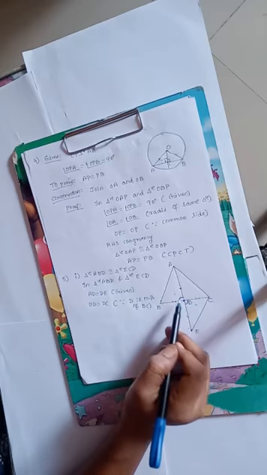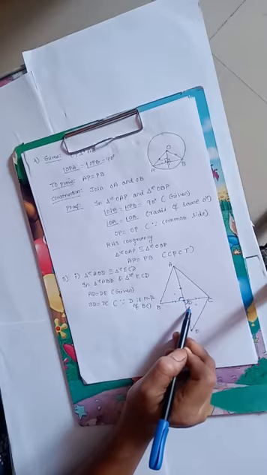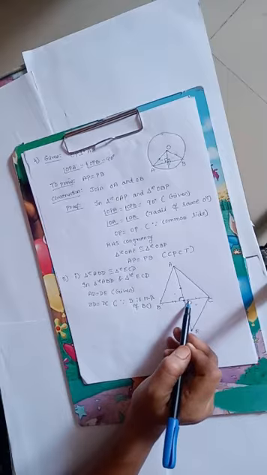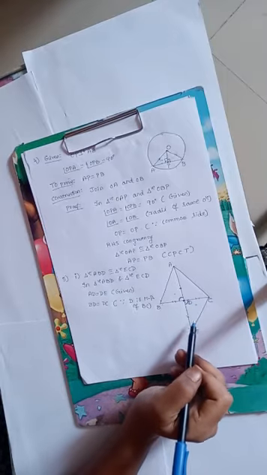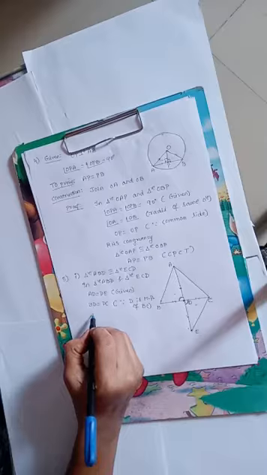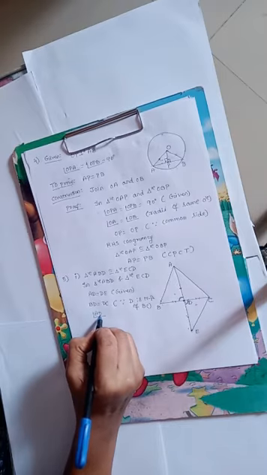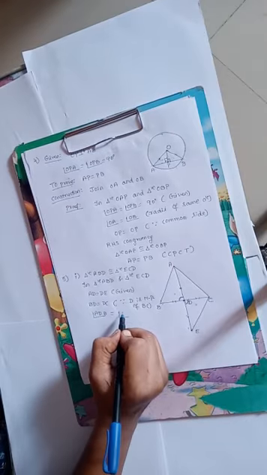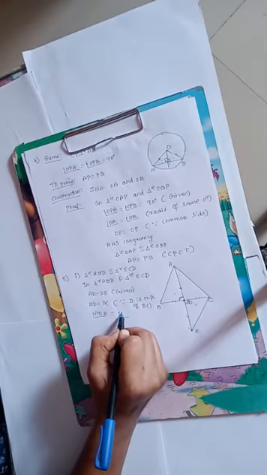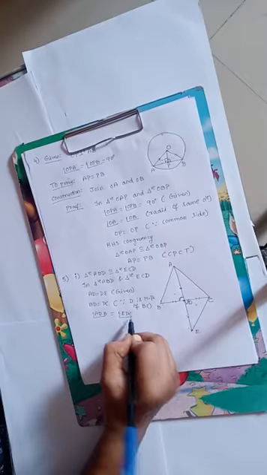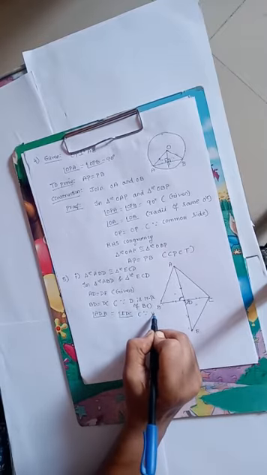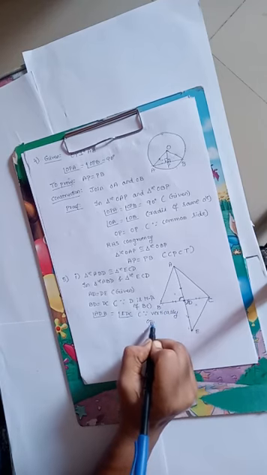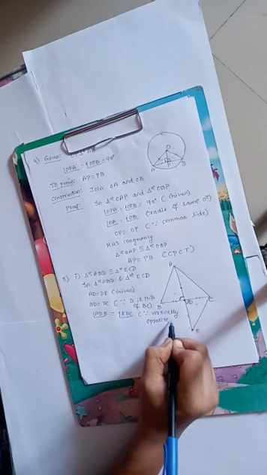Along with two sides, the included angle also will become equal, means on what condition can you tell that these two triangles are congruent? SAS congruency condition. That is, angle ADB is equal to angle EDC, because vertically opposite angles are always equal.